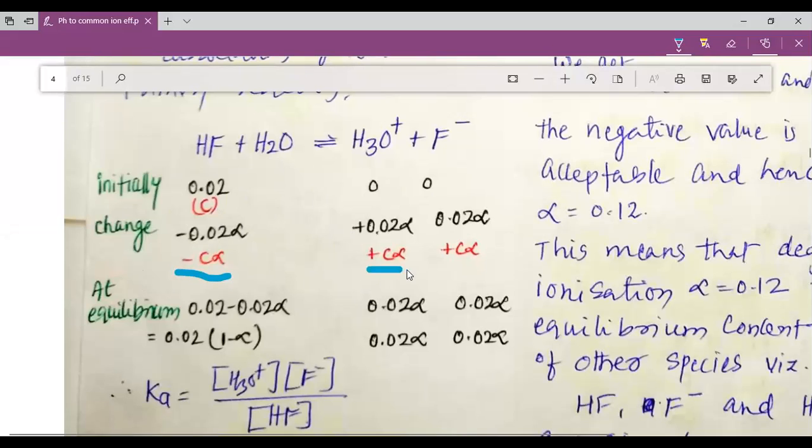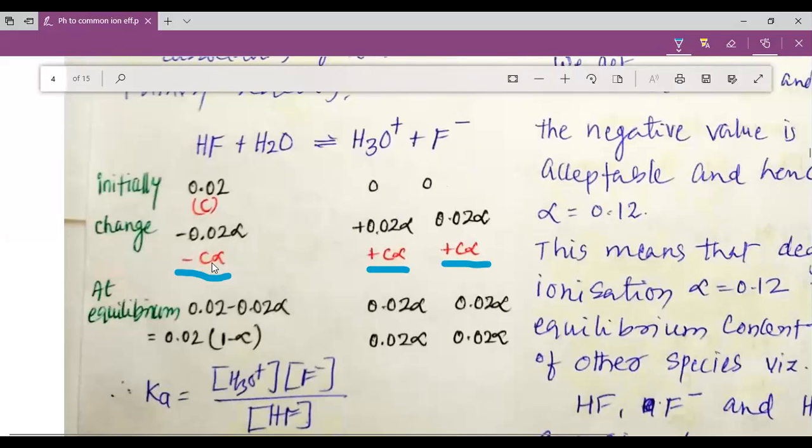Here the concentration increases, that is why we put a positive sign, my dear students. This is how we understand the negative and positive sign for the change. Now the initial concentration was C, and the new concentration is C minus C alpha. For H3O plus the initial concentration was 0, so it is 0 plus C alpha, and for F minus also it is 0 plus C alpha.